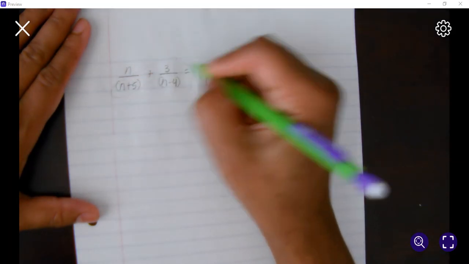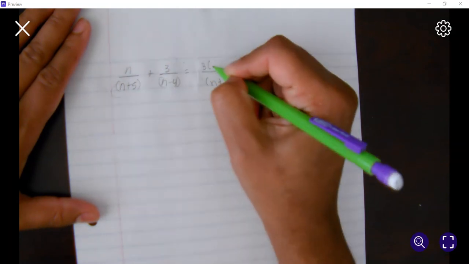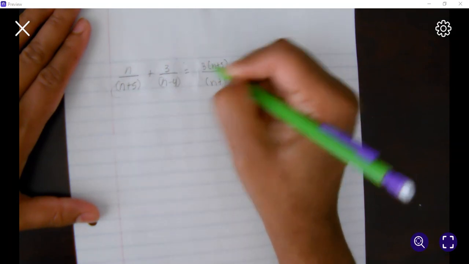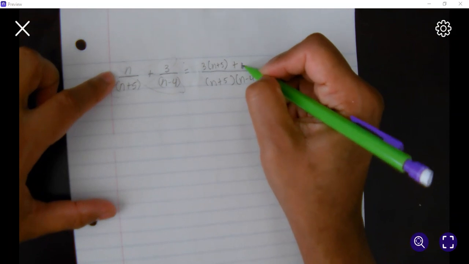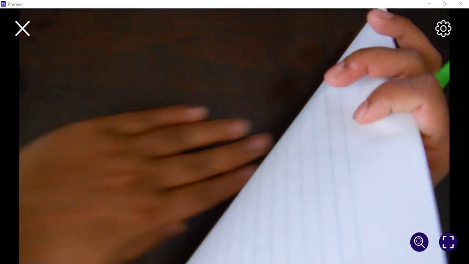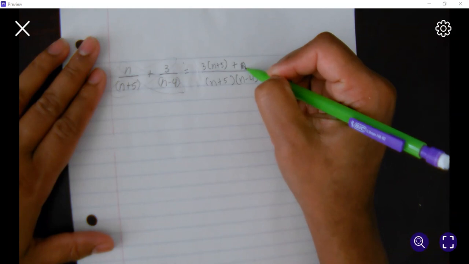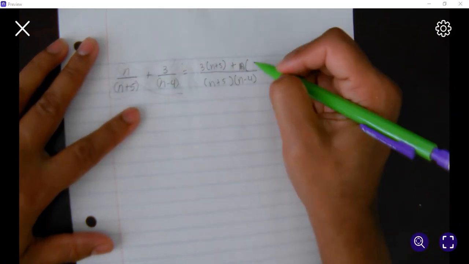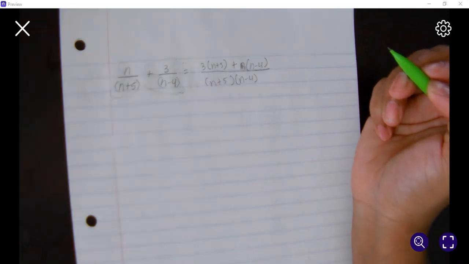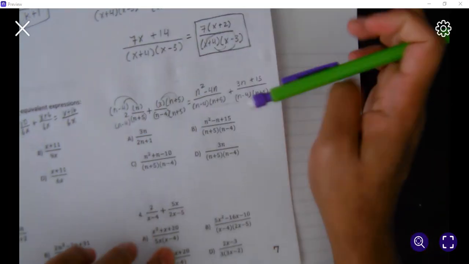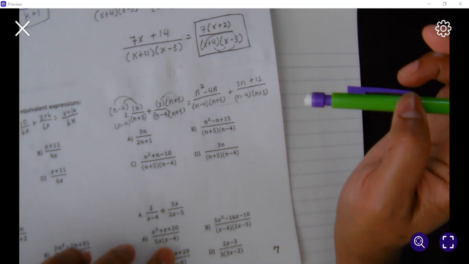So you would have 3 times n plus 5 plus, and then these two get multiplied together. Okay, so you have n times n minus 4. Okay, so maybe it's just a little better than writing it out so much here.